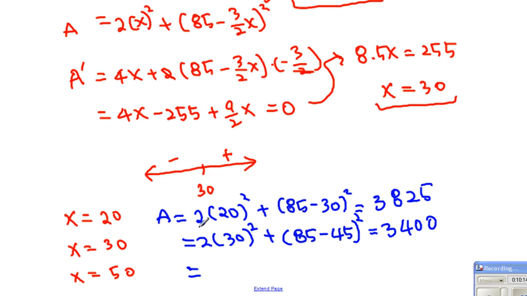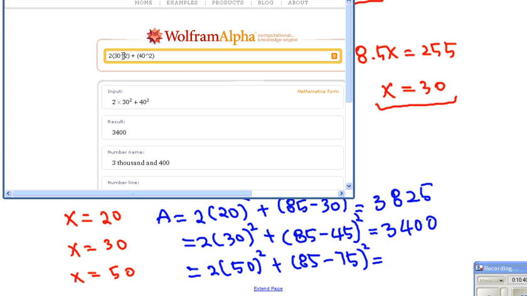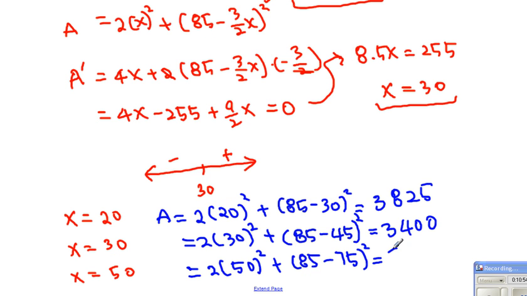And then if you put in 50, let's see what happens. 2 times 50 squared plus 85 minus... 50 divided by 2 is 25, times 3 becomes 75. So 75 squared times 2, and we realized it was over 4,000.